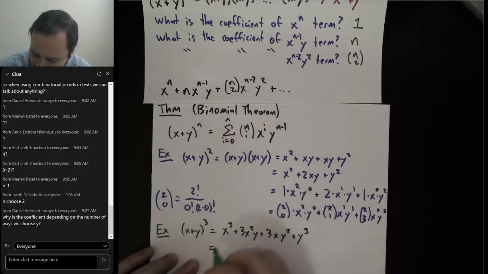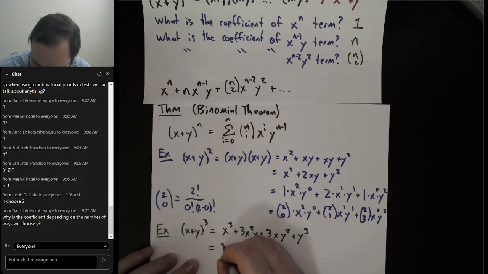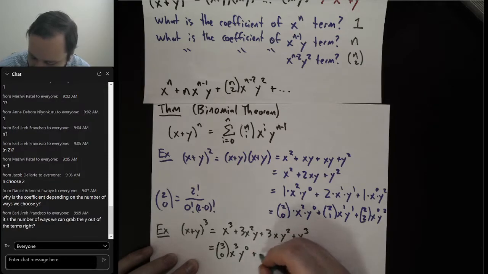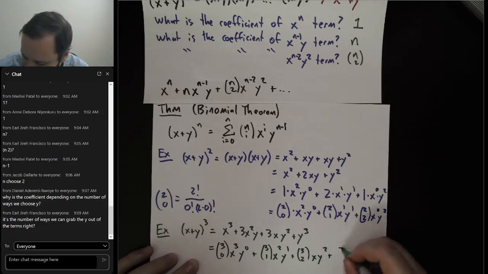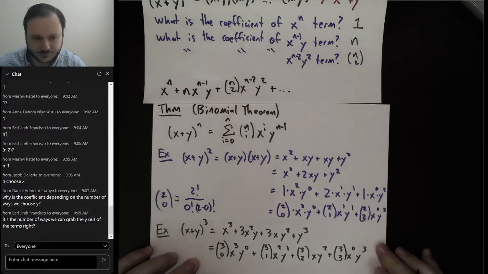This is exactly our 3 choose 0, x to the 3, y to the 0, plus 3 choose 1, x to the 2, y to the 1, plus 3 choose 2, xy squared, plus 3 choose 3, x to the 0, y to the 3.